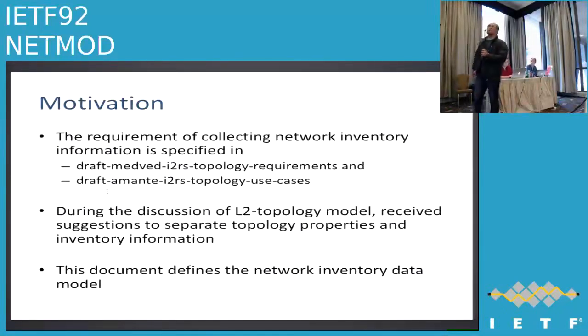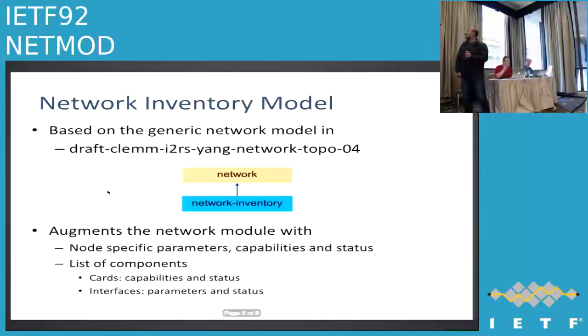Next slide. Okay, this is the architecture of this network inventory model. It's very straightforward. It's based on the generic network model defined in the network topology draft, with some augments for the inventory-specific information, including the node-specific parameters, capabilities, and some status, and also the list of the components of the network nodes, such as the cards, including the card capabilities and the status, and also a list of interfaces, including the parameters and status of the interface.